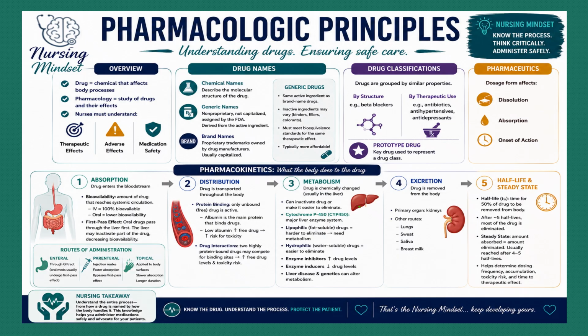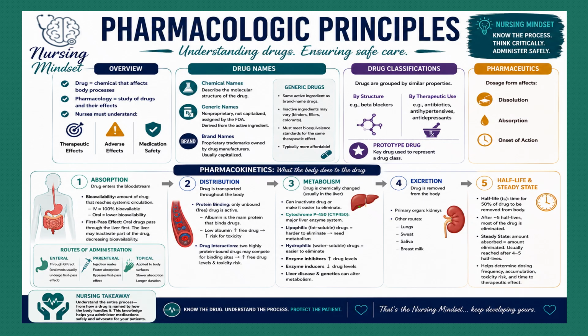Pharmacologic principles also help you understand when to monitor. When we're looking at things like onset, peak, and duration, the onset tells you when the medication begins to work. The peak is when the medication reaches its highest concentration or maximum effect. The duration is how long the effect lasts. We also have trough.